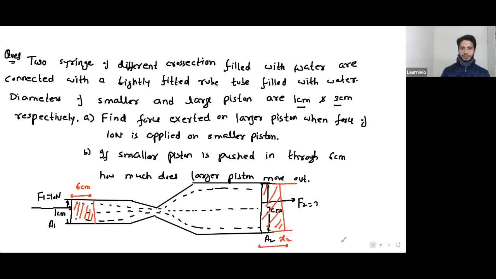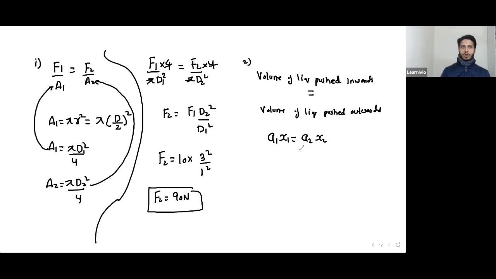Let's call this x2 and this x1. Now you know how much is your A1 and A2. Let's put this in capital letters. This is A1 x1 and this one is A2 x2.